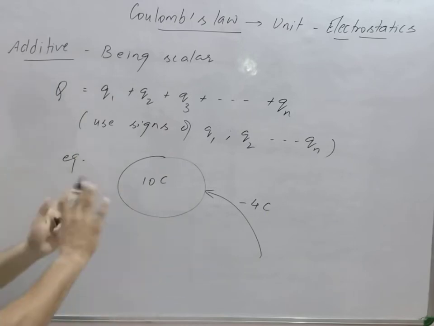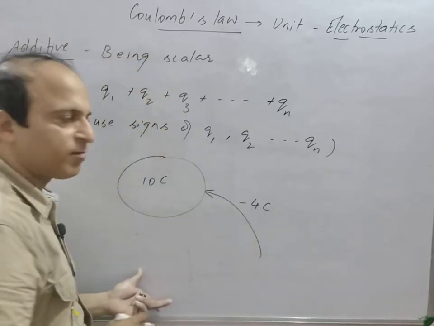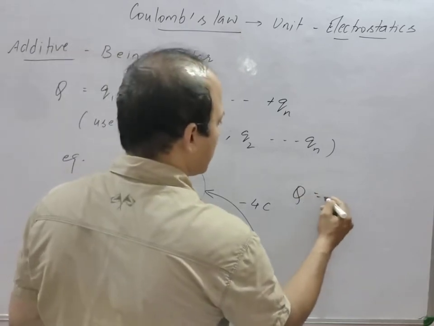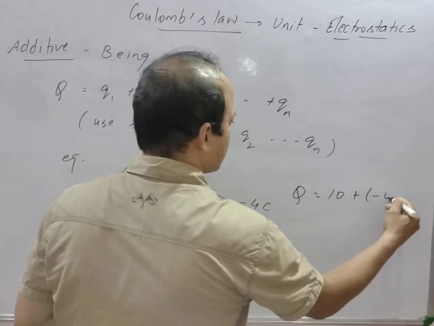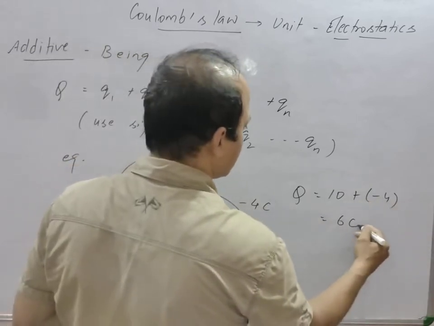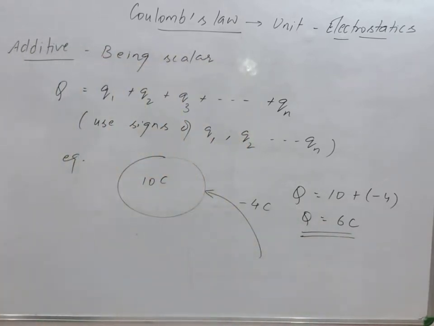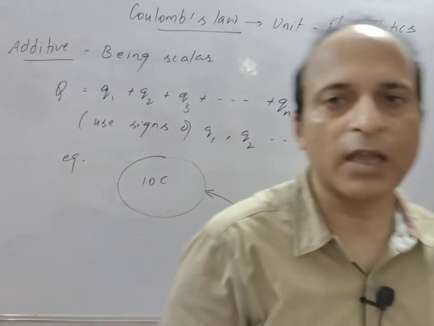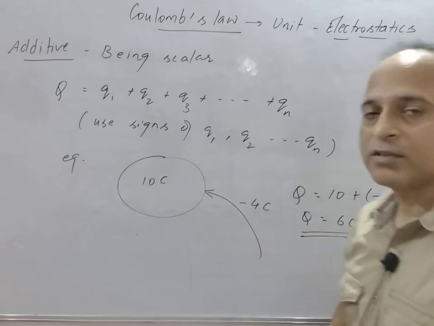So what is the total charge present on the body after negative 4 coulombs have been given? It will be q equals previously present 10 plus given minus 4. You have to use the sign. So that will give us a positive charge of 6 coulombs present finally on the body. So this is what is meant by additive nature of charge. Being a scalar quantity, the charges can be simply added up by putting their respective signs. Fine?